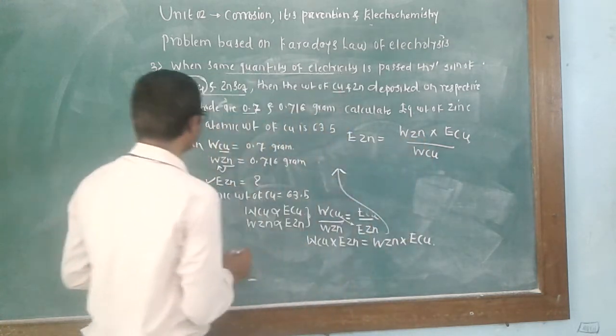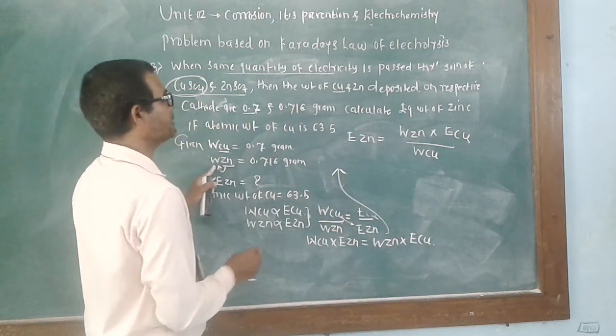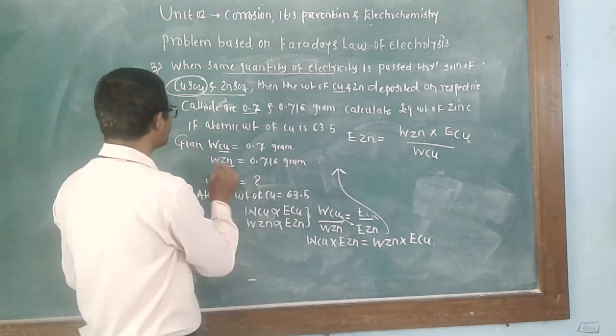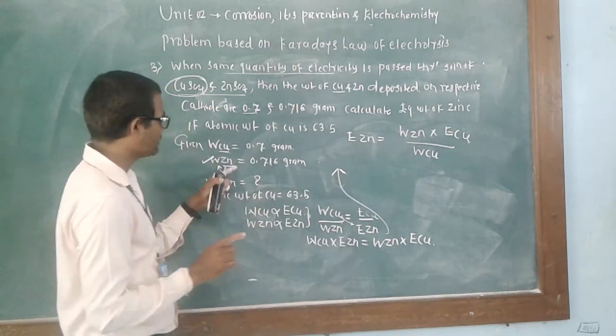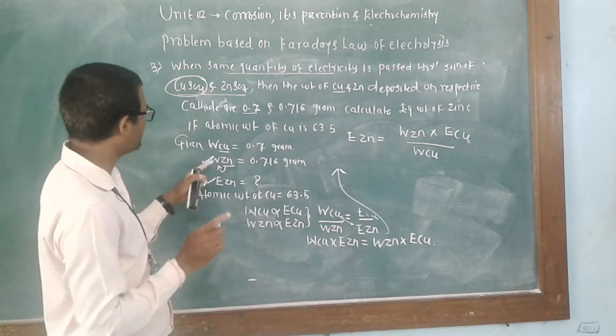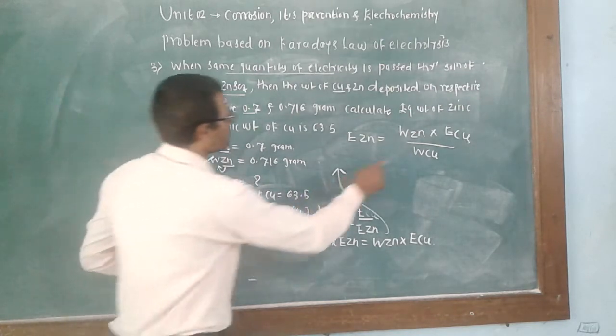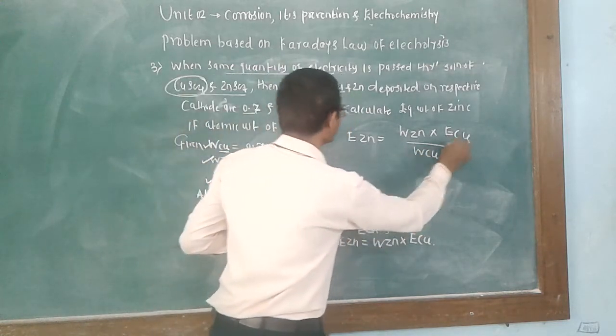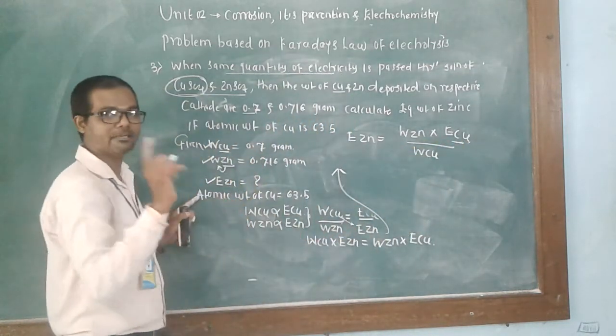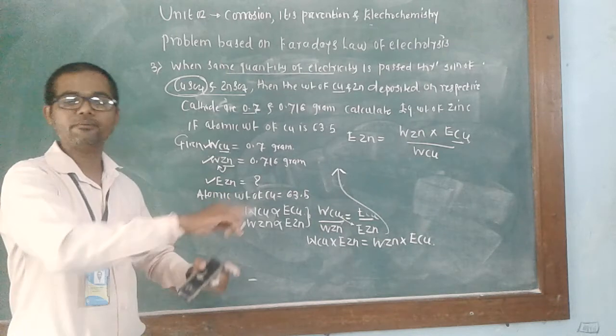We know the W Zn, the weight of zinc deposited at the cathode, that is the given thing. We know the W copper also, but we don't know the E copper, the equivalent weight of copper. Here the atomic weight of copper is given.